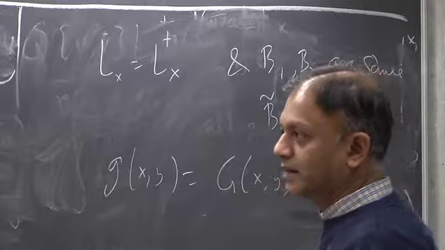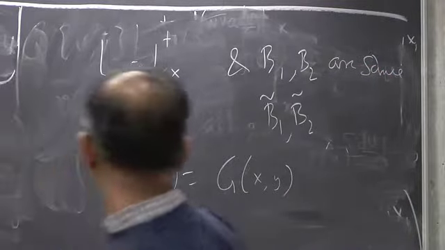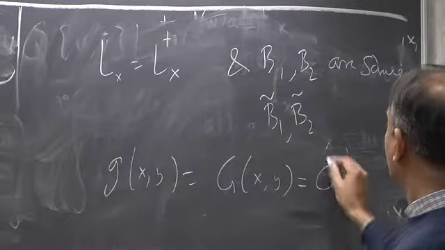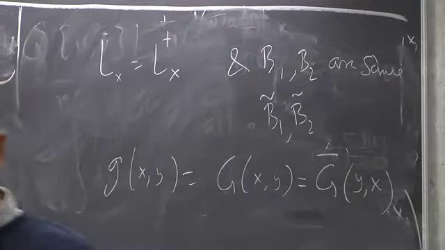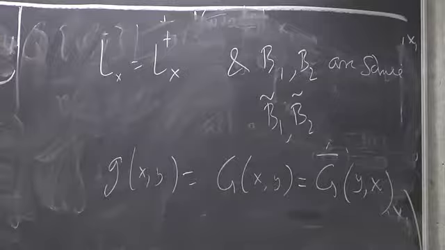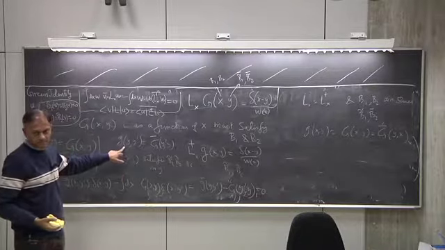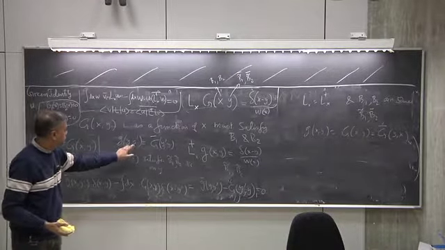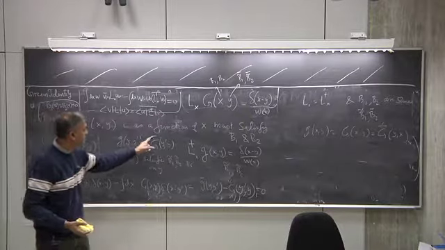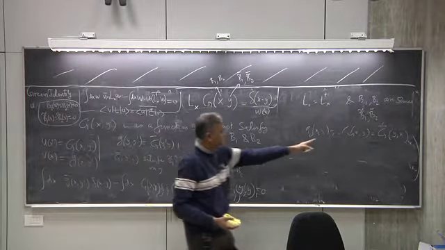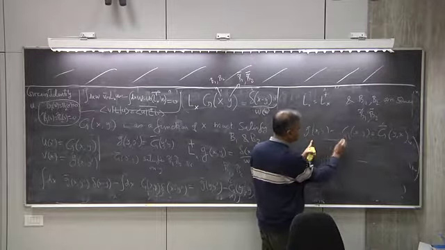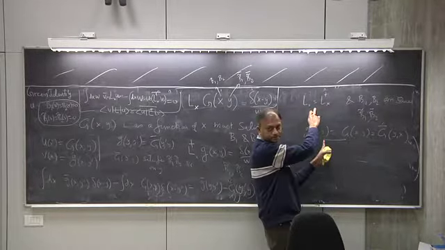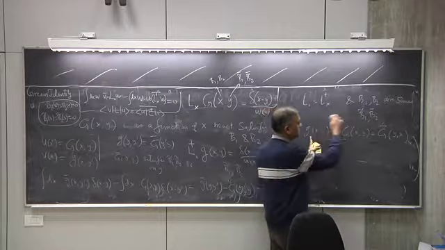Combining that with this, you see that this is the same as g bar of yx. But this is generally true, not just for Hermitian. So I just substitute small g of xy is the same as capital G bar of yx. The first part of this equation is only true for a Hermitian operator, but this is equal to that in general.